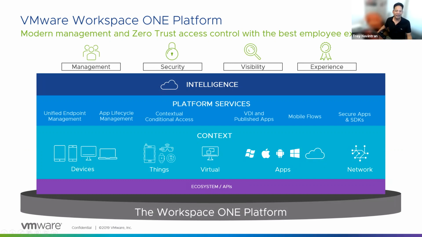We can provide you with in-depth device knowledge and management across all your devices using our Unified Endpoint Manager, or Workspace ONE UEM. We offer application lifecycle management and protection, as well as rich contextual conditional access, which is very important. And we will get into conditional access a little bit more in detail in the next couple of slides.